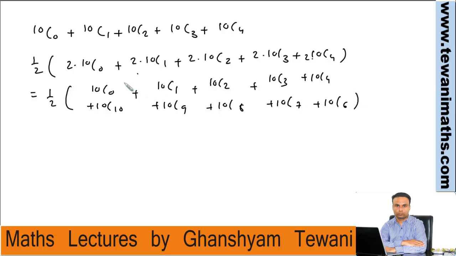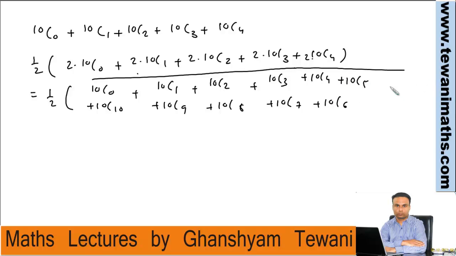But in the actual full series with index 10, there will be 11 terms. Now from 10C0 to 10C4, then we have 10C6. What term are we skipping? 10C5. So to find the sum of the complete series, we add 10C5 here and then subtract 10C5 here.